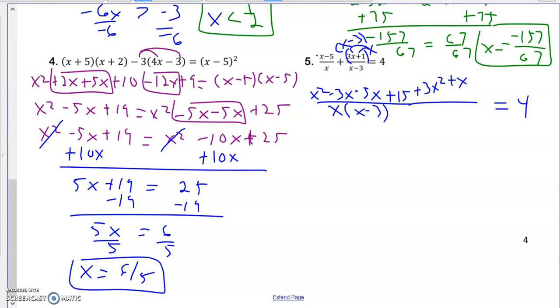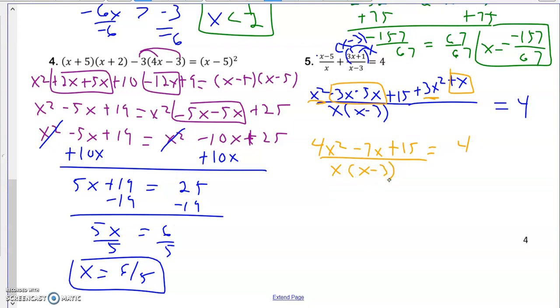So now that I have everything, I need to combine like terms. I'm going to combine the x squareds, so I get 4x squared. I'm going to combine all of the x's, and when I do, I'm going to get minus 7x, because 3 minus 5 is a negative 8, plus 1 is negative 7. Then I bring down the 15 equals 4 all over x minus 3.